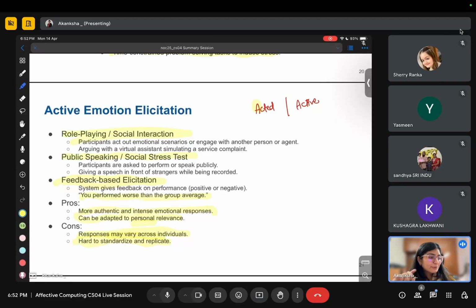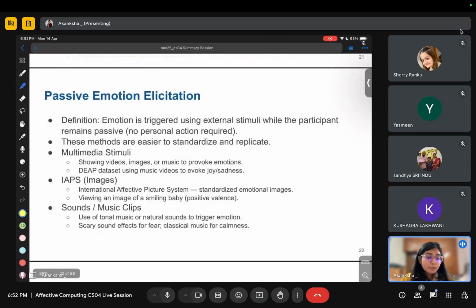Okay? So the next approach is called passive emotional elicitation. So it is triggered using a standard image or video. So standard external stimuli where the participant remains passive. So I'm not telling you to remember something or act or do something.